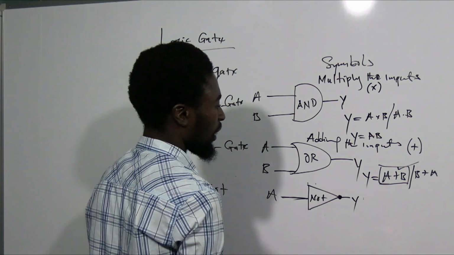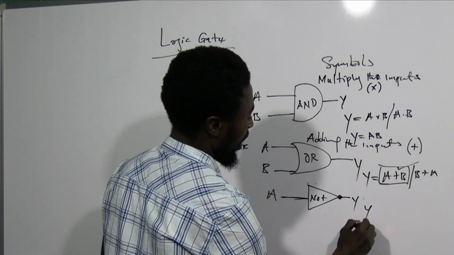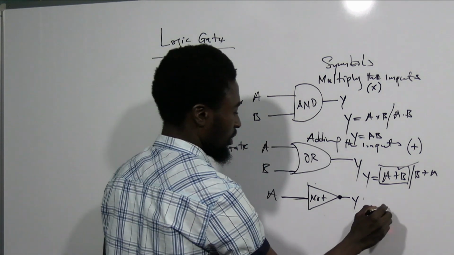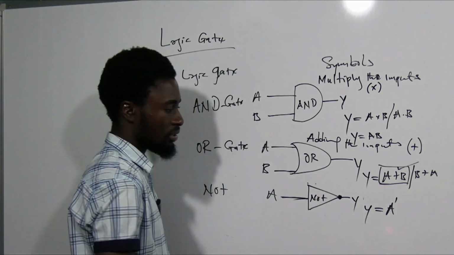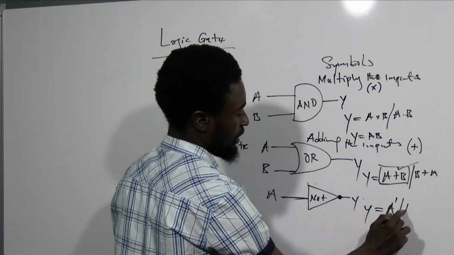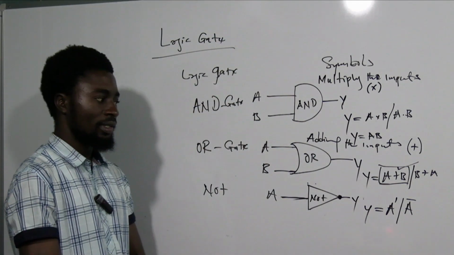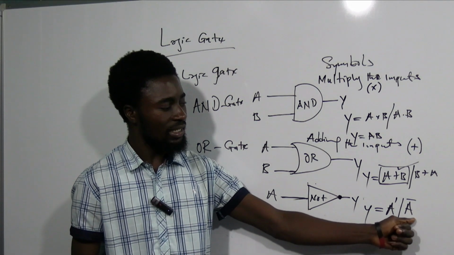But how can we write that? We can say y is equal to the complement of A, which can be written as A complement, or we can say A bar. Either you write it this way or you write it this way.